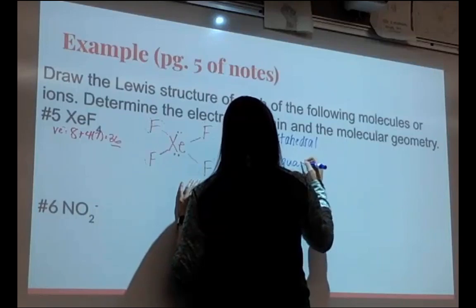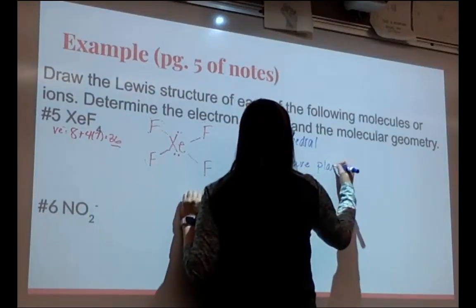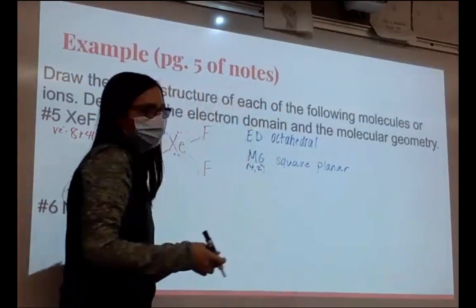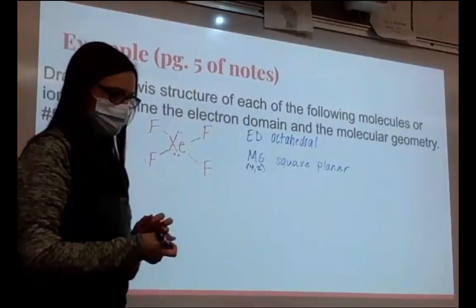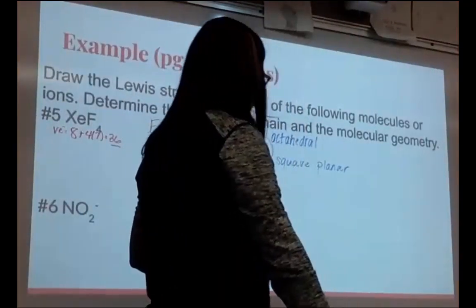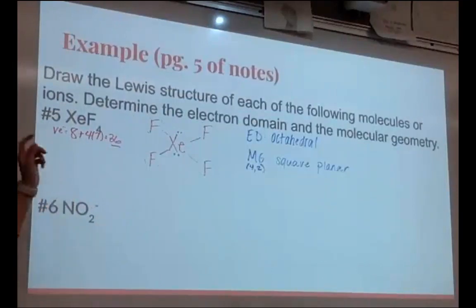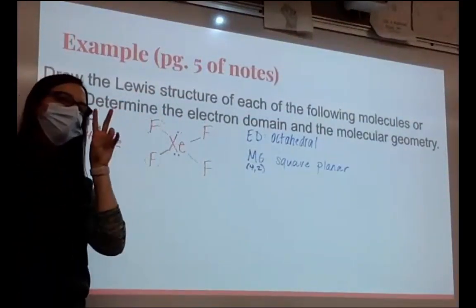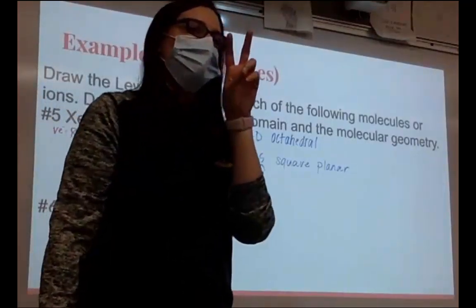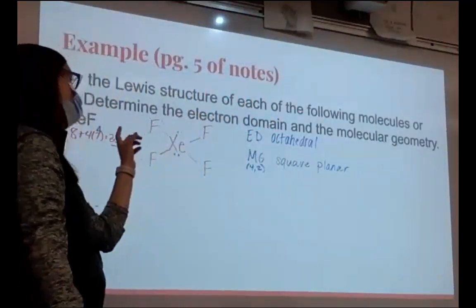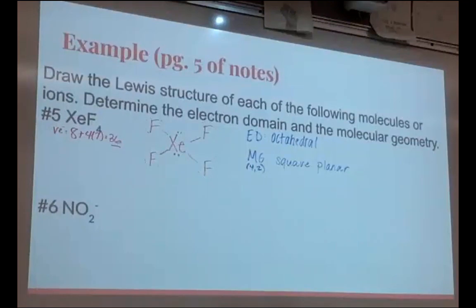Square. Now, whether you say square planar or square plane, either one works. And then remember that even though there are lone pairs, there are 2 exceptions to polarity of molecules with lone pairs, and that is square planar and linear.